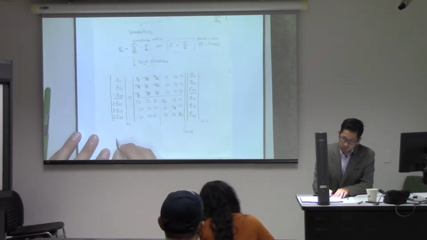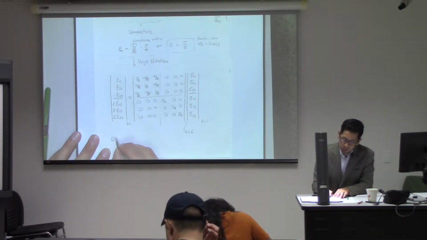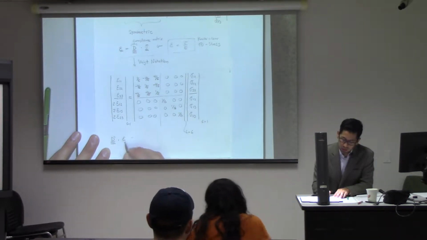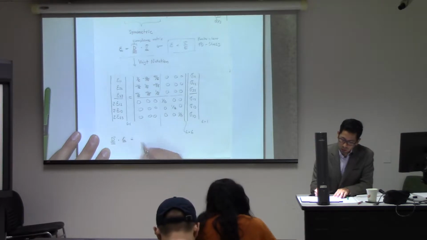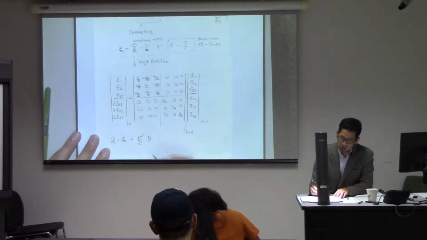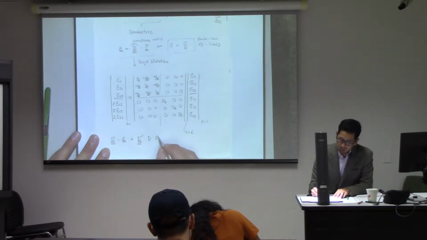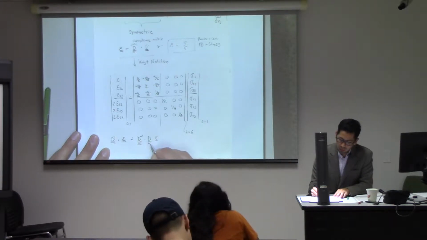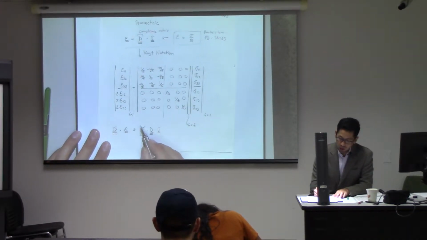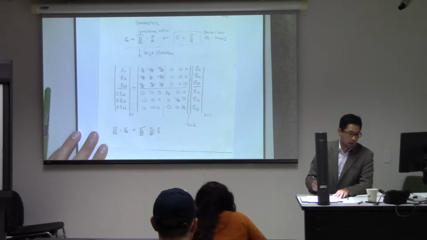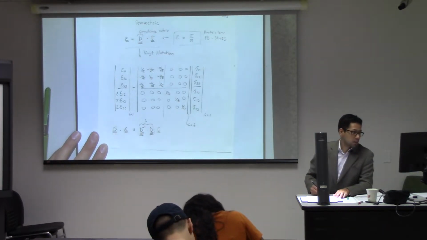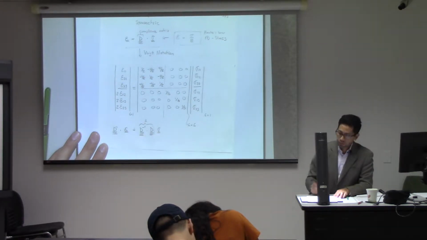So if I multiply the inverse of this times the strain tensor, and I multiply to the left the inverse of this times d, this one is going to be an identity matrix because it's the definition of an inverse.